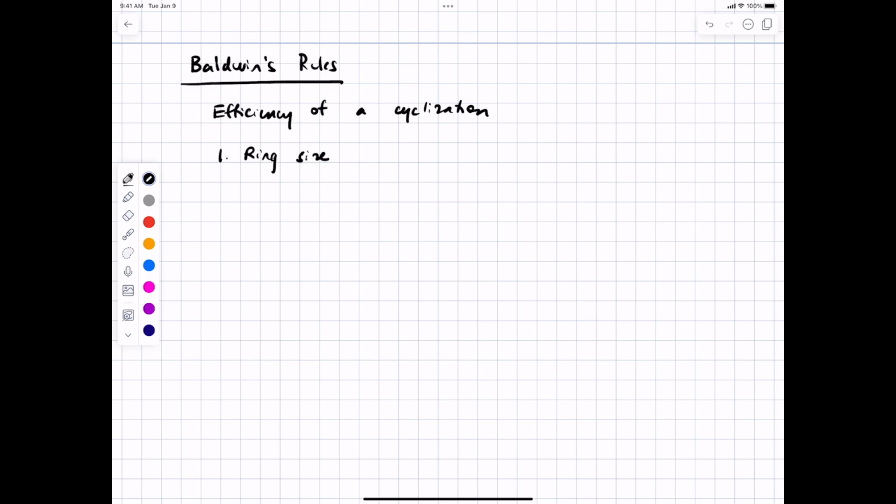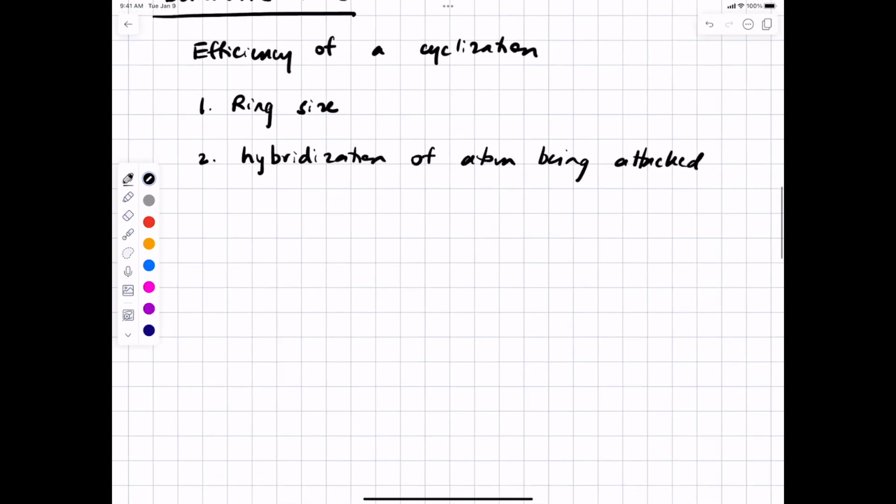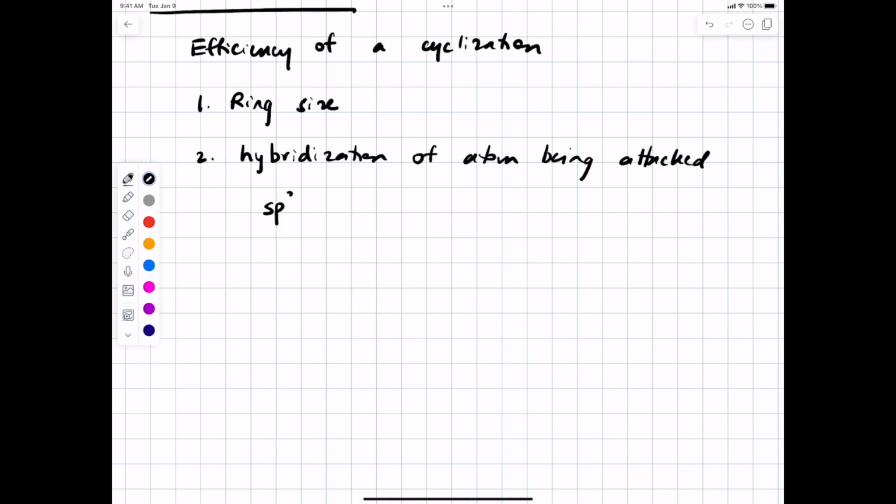The second is the hybridization of the atom being attacked, the atom that the leaving group is on. And because we can't keep things simple, we make them as complicated as possible. If the atom being attacked is sp3, we call that a tet cyclization for tetrahedral.